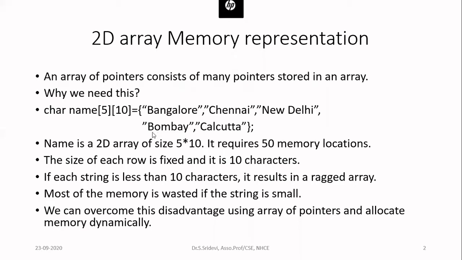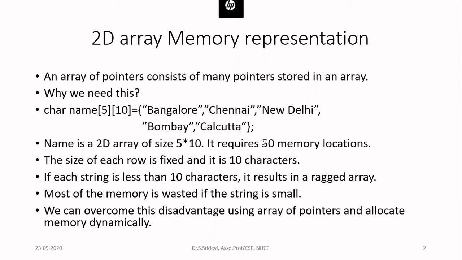In this, I am declaring that there are 5 rows and every row is going to have 10 columns. So totally I have 50 elements in that, and the size of each element is 1 byte, because I am storing characters in that. So if I want to store this array in the memory, totally I need 50 memory locations.